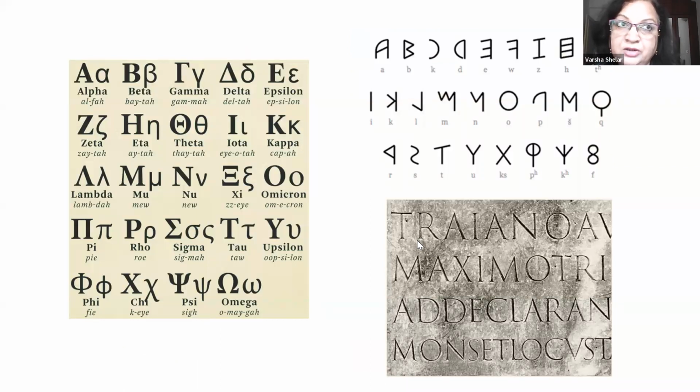You probably have heard of the Trajan column, but if you haven't, you should check it out, because this is considered to be the base of the written language or alphabets that we follow. Here also the thick and thin strokes are due to the chisel or the tools that they used to carve on that Trajan column. So this is the foundation, or the beginning, of the written word.